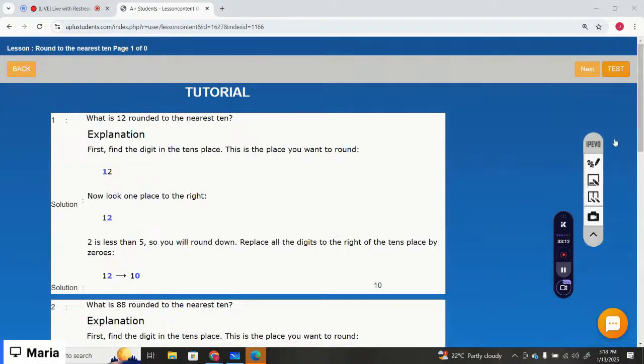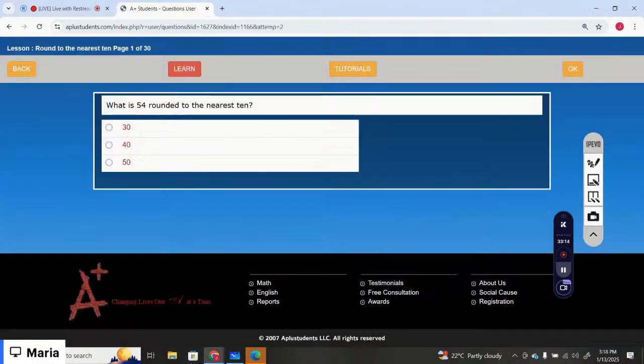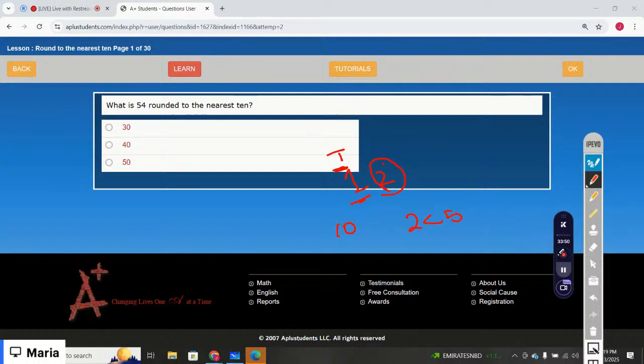And let's just start with the test questions. What is 54 rounded to nearest 10? 54, right?